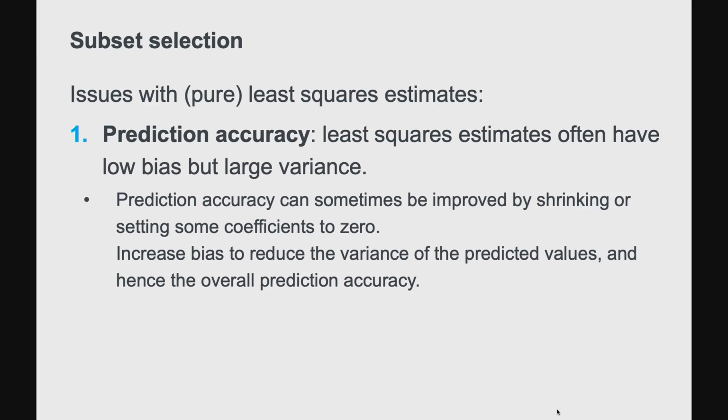But there may be fluctuations, and you throw out some non-zero component. This may actually improve the prediction, although it increases the bias. Prediction accuracy can sometimes be improved by shrinking. Shrinking could even mean completely removing.